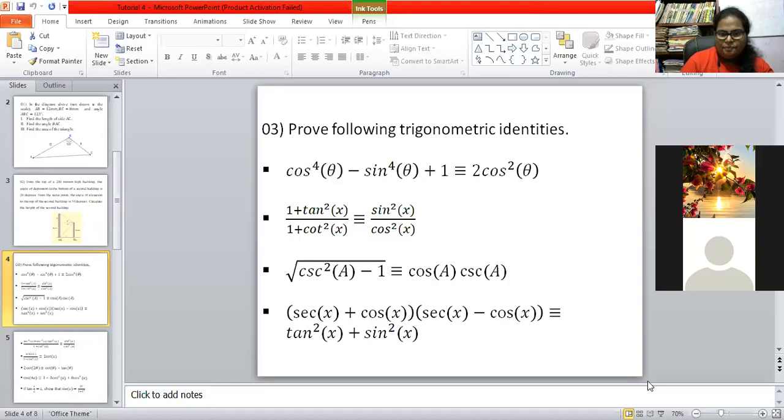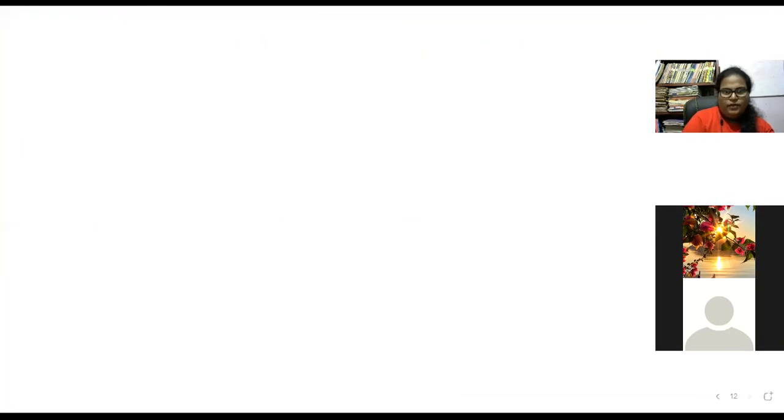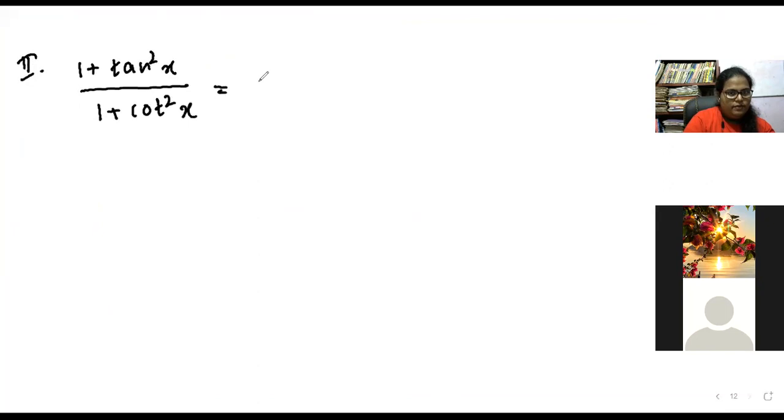So here, our question is, this is the second part: (1 plus tan square x) divided by (1 plus cot square x) is identical to sine square x divided by cos square x.